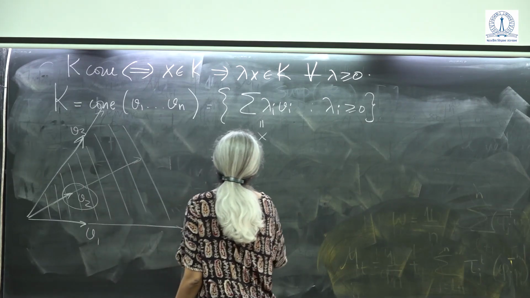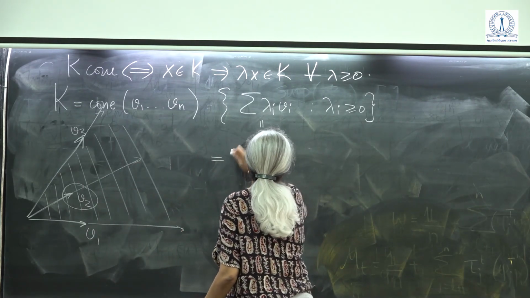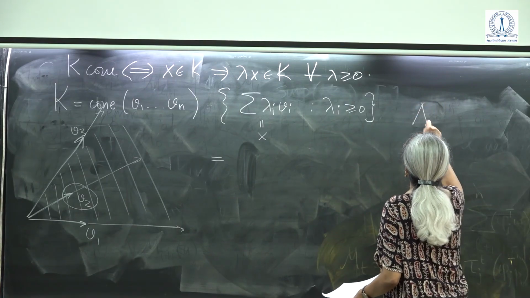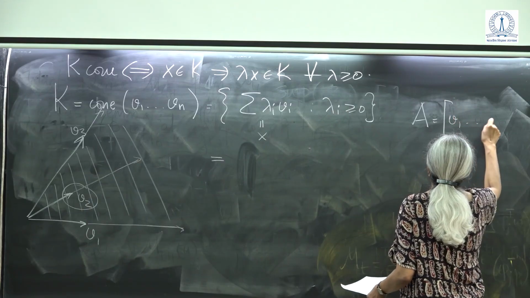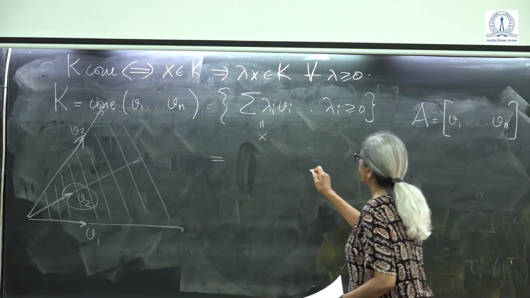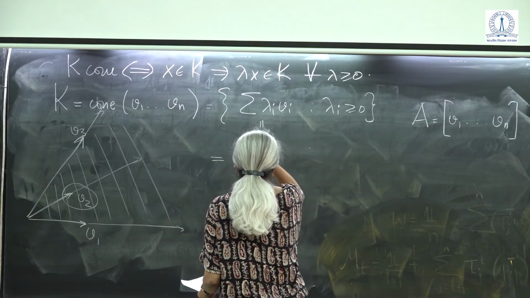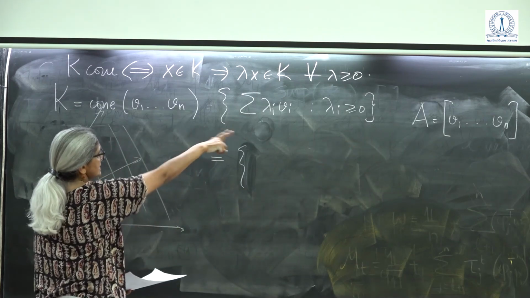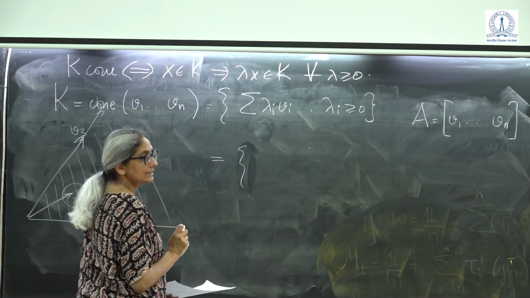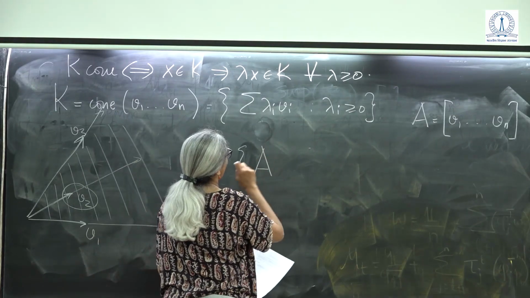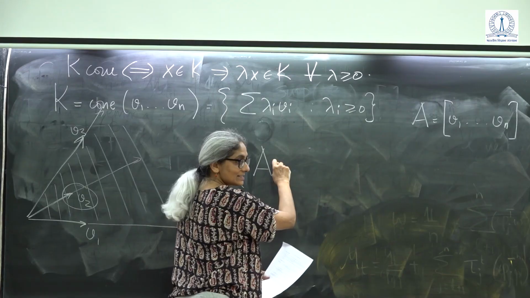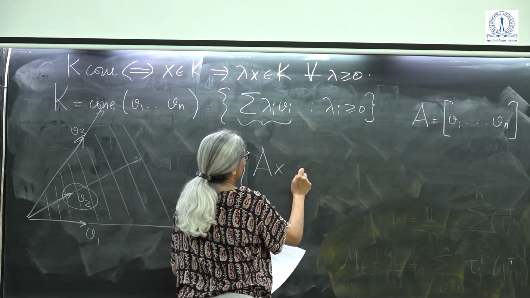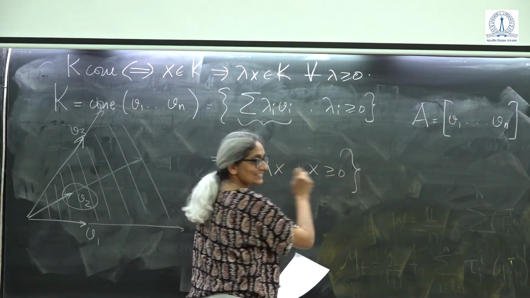If I make a matrix, let's call it A, made up of these v1's through vn's, then I can also write this as the set of all Ax such that x is non-negative.